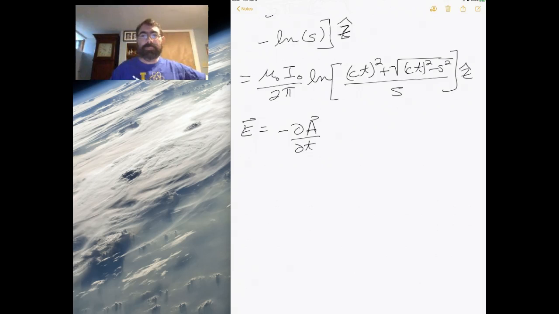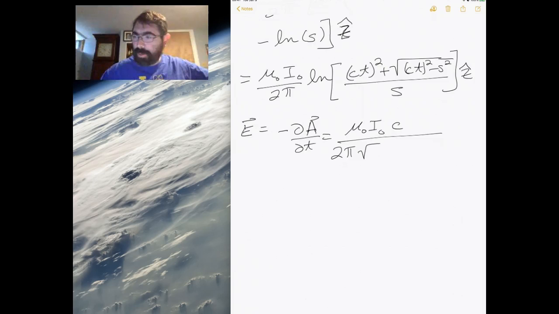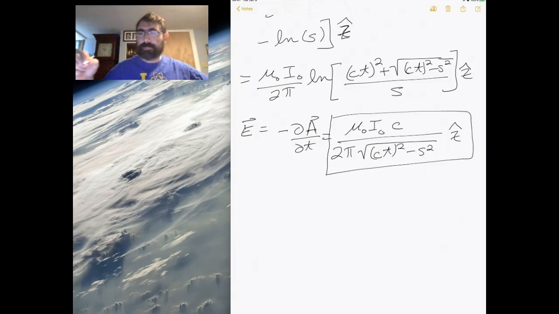So if we plug that in, we get mu 0 I 0 c over 2 pi square root of (ct) squared minus s squared, all of that in the z direction. So that's our answer for the electric field.